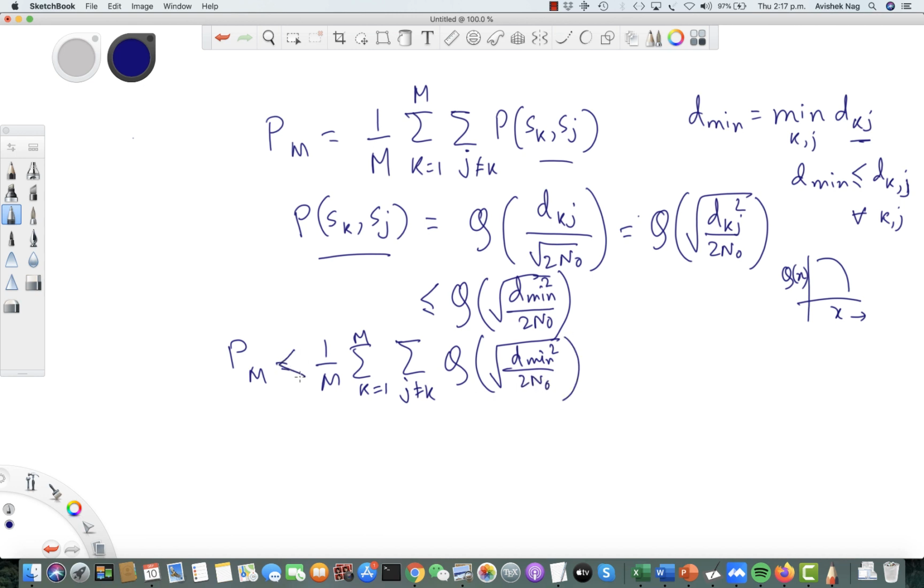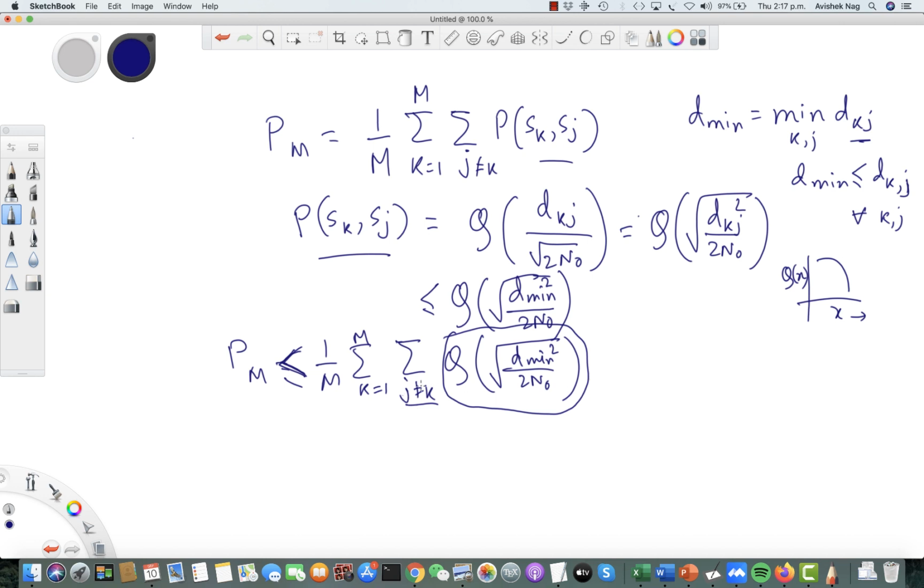So the equality becomes an inequality now. This Q of square root of d min square over 2N0 is a constant term.